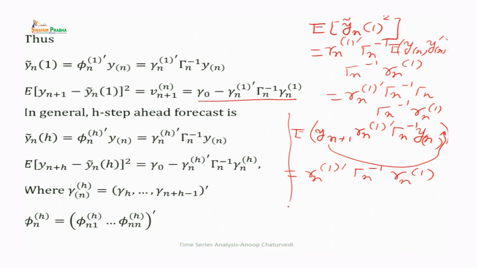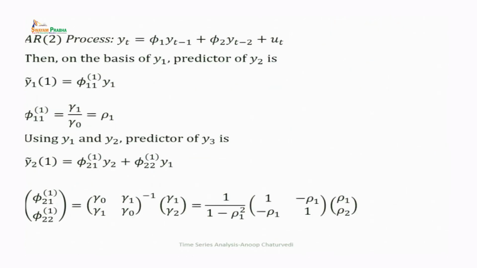So, just like the one step ahead forecast, you can obtain this h step ahead forecast also and its prediction mean squared error. We have gamma n h equal to gamma h plus 1, and so on, gamma n plus h minus 1. So here you are starting from gamma h, and phi n h is equal to phi n 1 h, phi n 2 h, and so on, phi n n h transpose. So this is how you can obtain the h step ahead forecast and its corresponding prediction mean squared error.